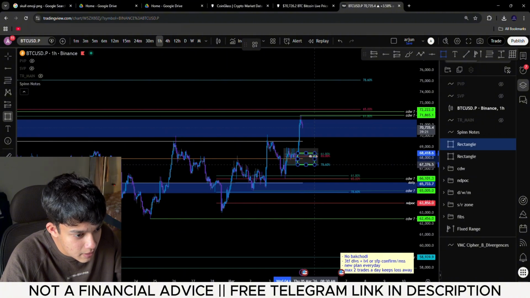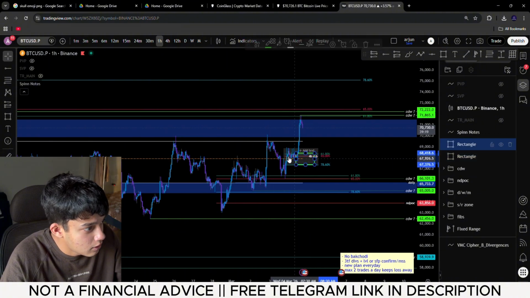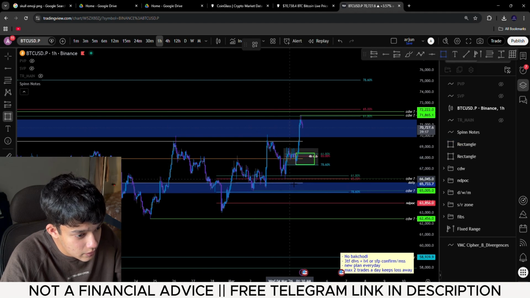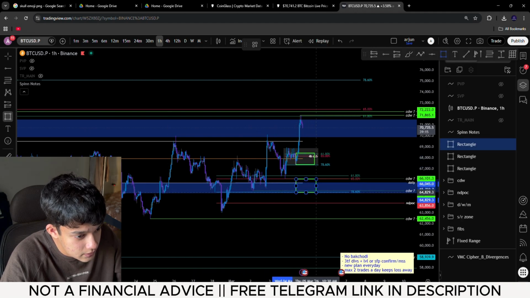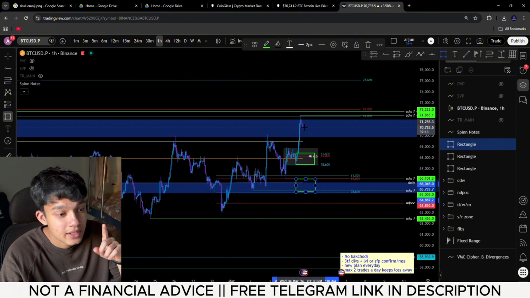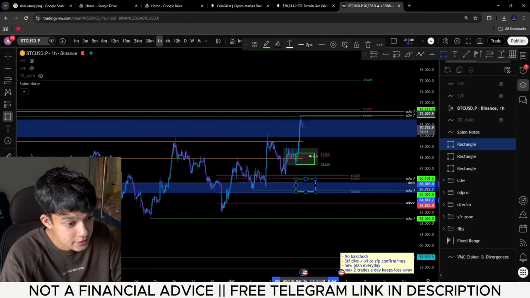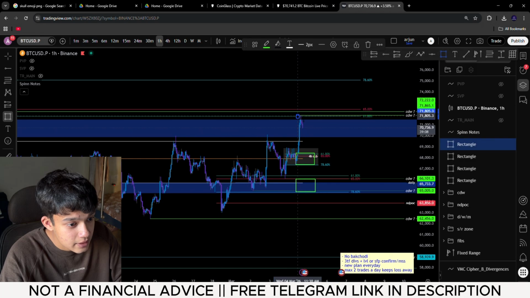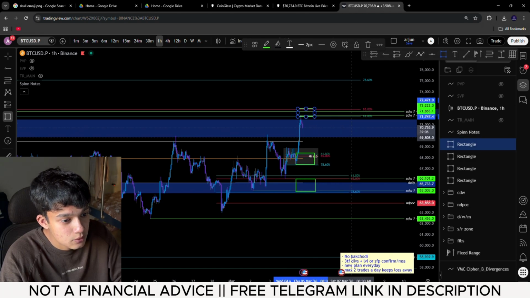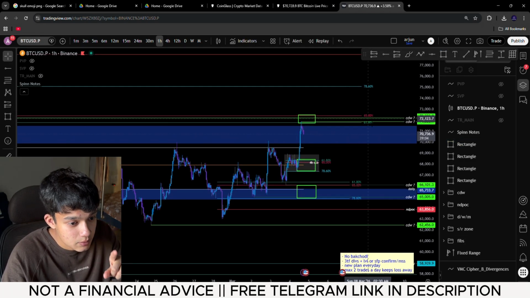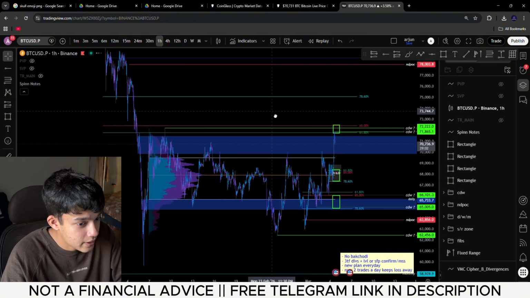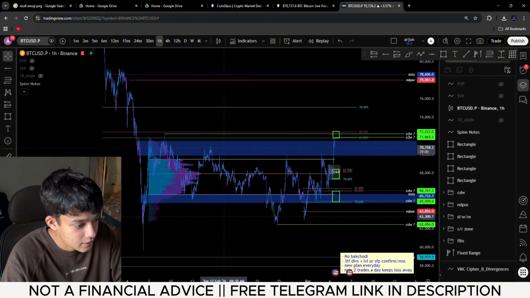I'll quickly mark the level, and also I can see one more level over here like this. And currently we have pumped a lot in the London session, and we are tapping a very prominent zone of the 618 and golden pocket fib level from this high to this low.